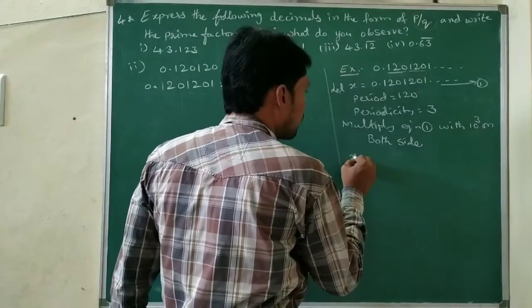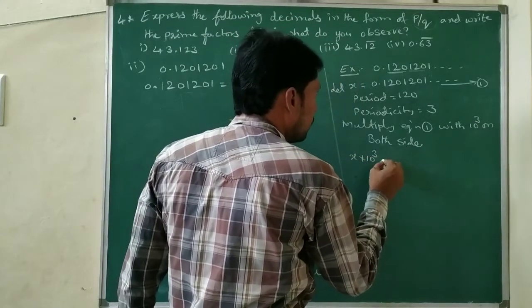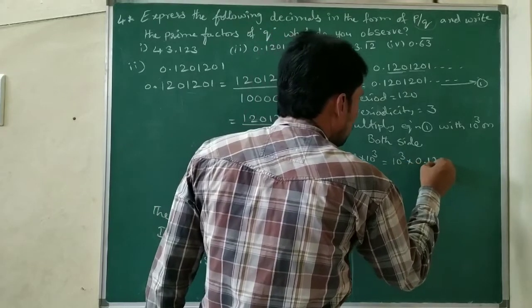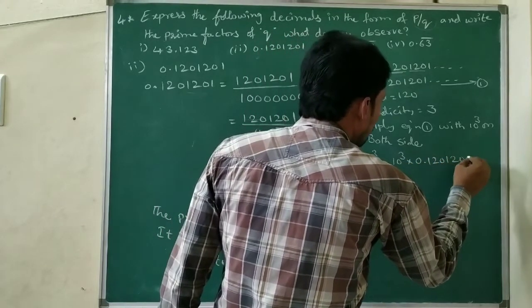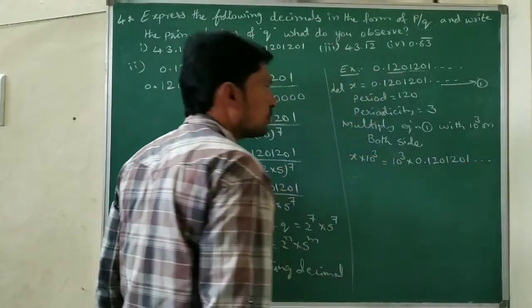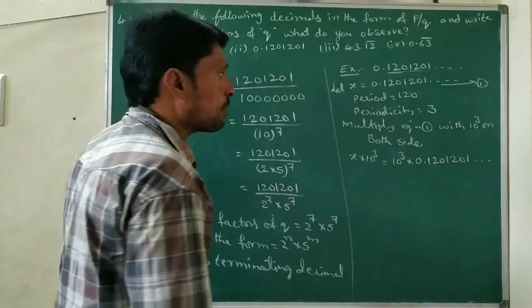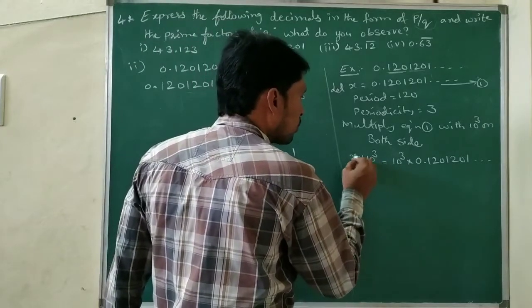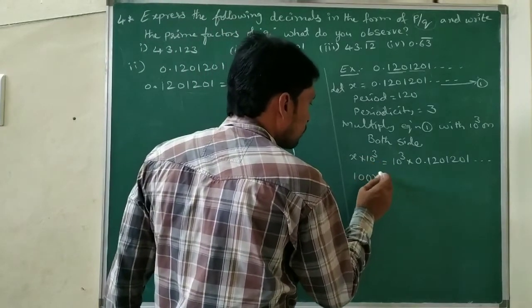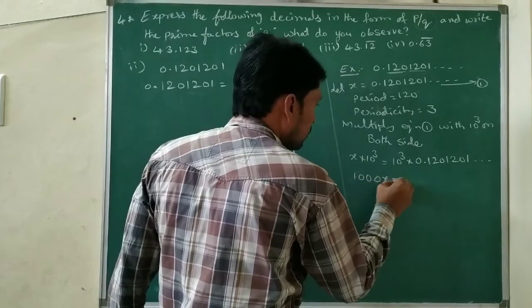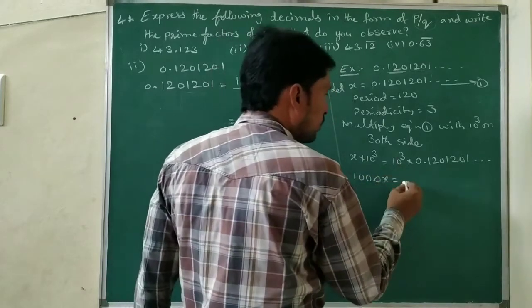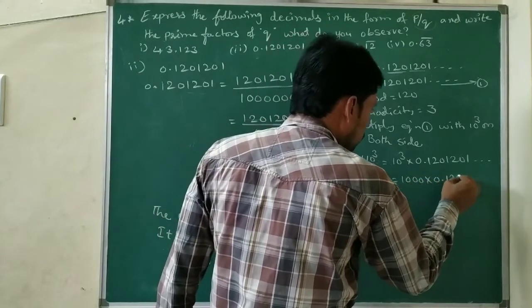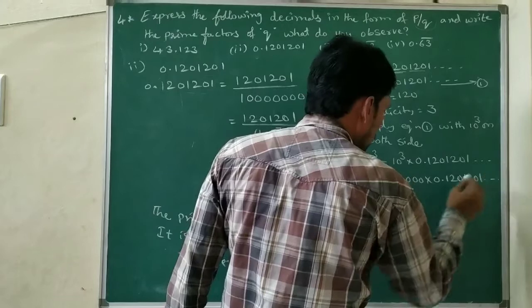So x into 10 cubed equals 10 power 3 into 0.120,120,1 and so on. 10 power 3 means 1000, so 1000x equals 1000 into 0.120,120,1 and so on.